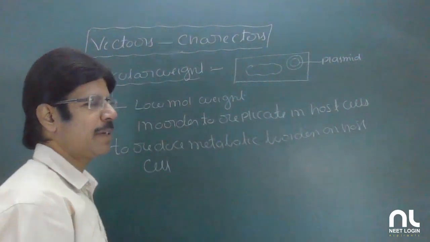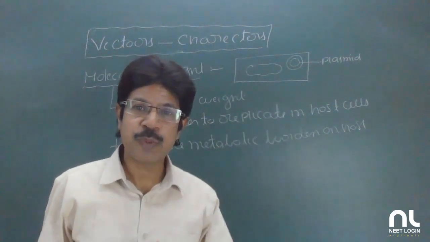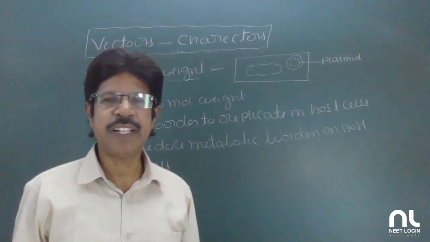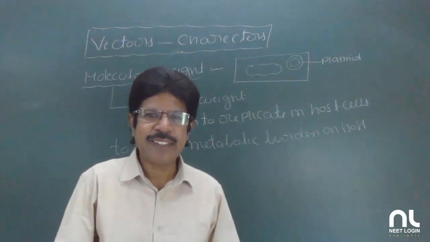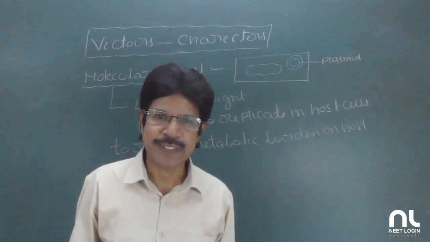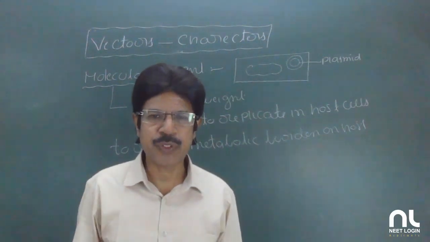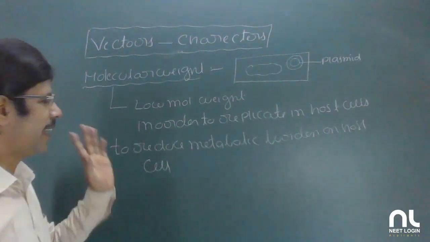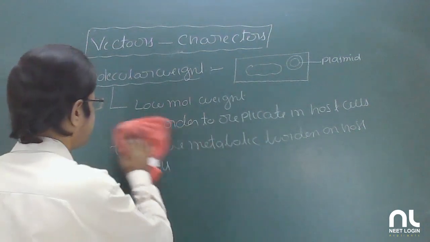Suppose it is having many number of nitrogen bases. The E. coli has to provide many nitrogen bases. It has to provide the proteins because everything is an energy expensive process. So energy has to be saved. So it should be with a low molecular weight. The second aspect, ORI and molecular weight.